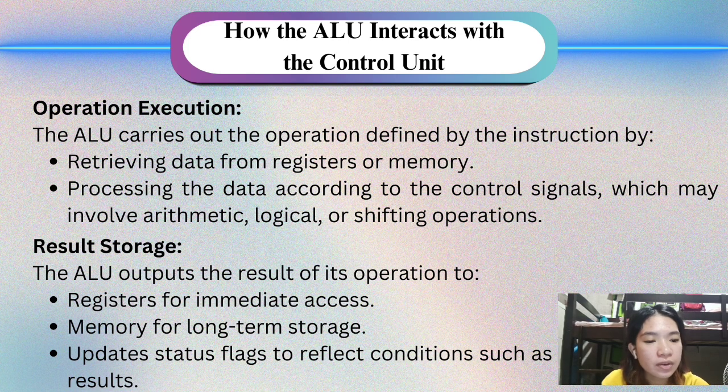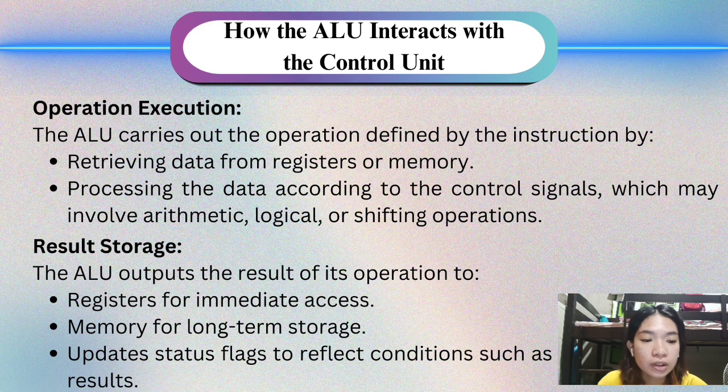So once the ALU receives the control signal from the CU, it executes the specified operation, such as retrieving data. In retrieving data, the ALU fetches the necessary data from registers, the smallest fast storage locations within the CPU, or from memory, which has larger storage that holds data and instructions.